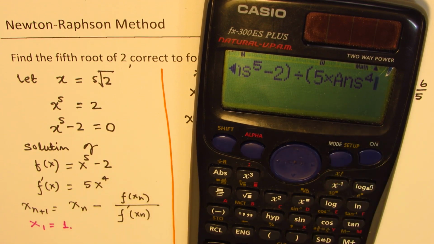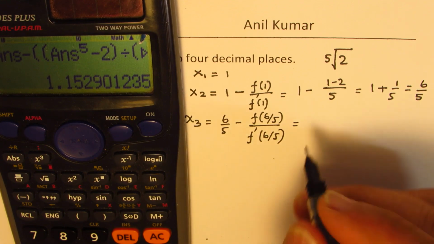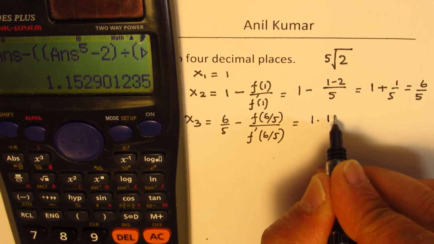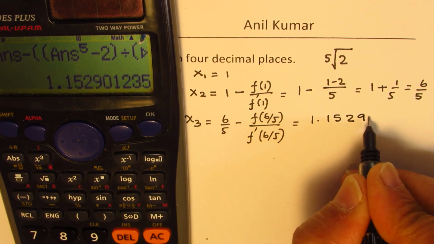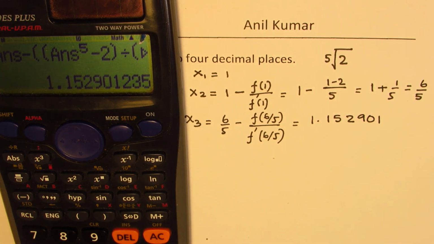Is that clear, right? Brackets close and equal to. So we get our value, which is 1.152901, something like this, right?